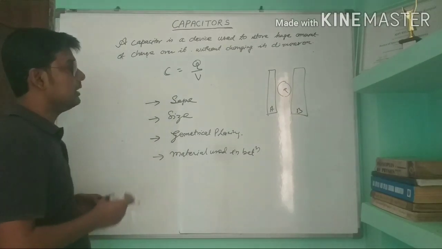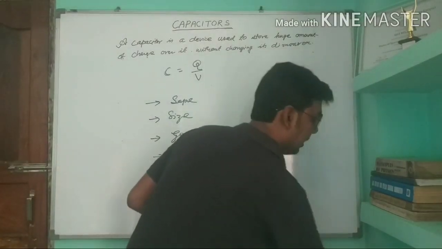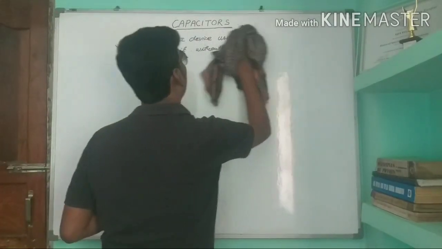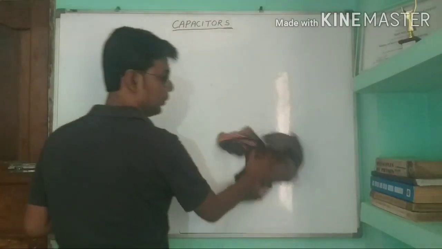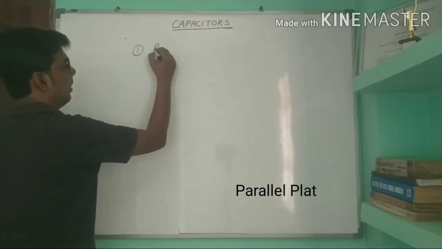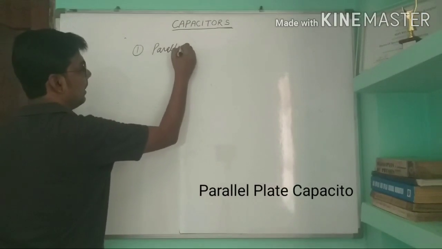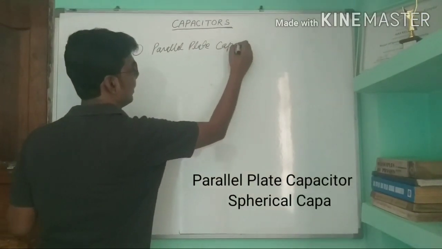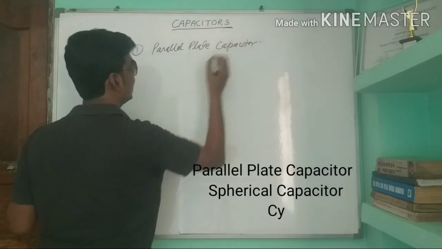Now according to this, there are three types of capacitor we have to study. First of all, the parallel plate capacitor.